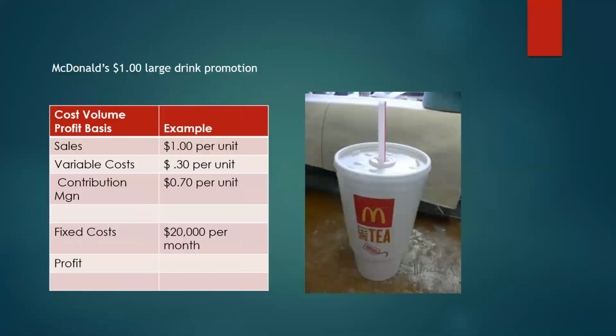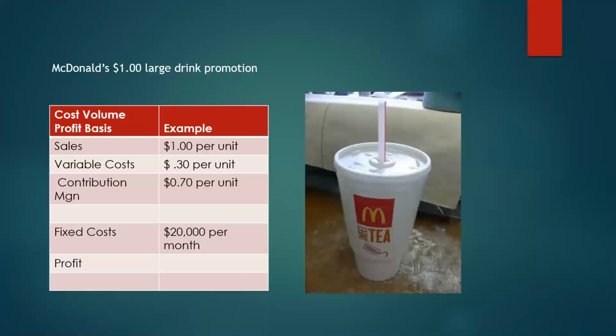So in my area of the country, McDonald's has been running a $1 large drink promotion. Now, I'm going to make an assumption here that McDonald's only sells one product, and that product is beverages. So in this case, sales is $1 per unit.